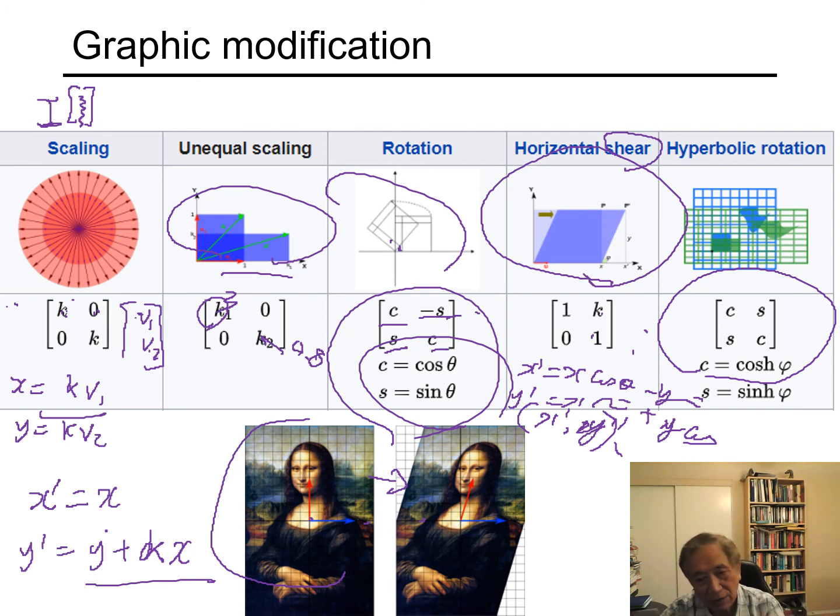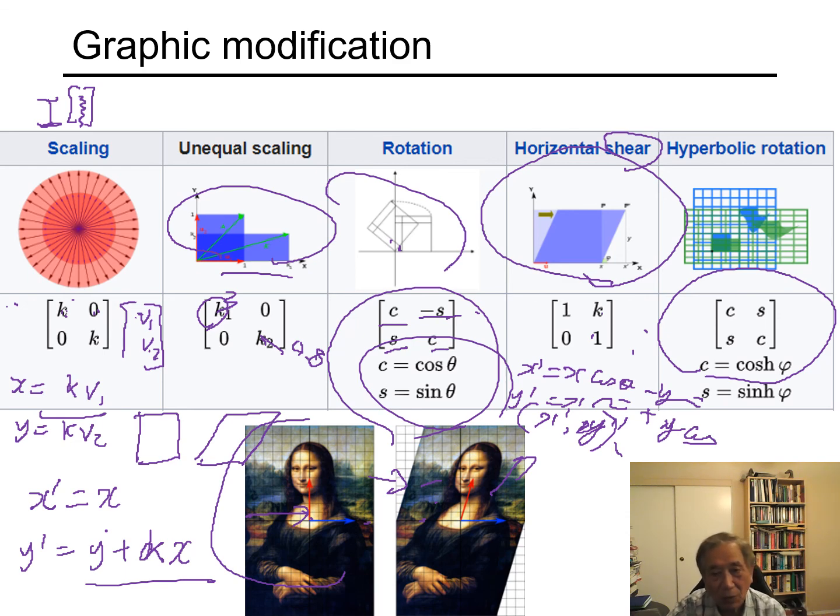So this is actually a horizontal skew. As we increase x, the y value increases in a certain direction. So it's just kind of slanting. If a square like that becomes a square like that, that is our shear operation.